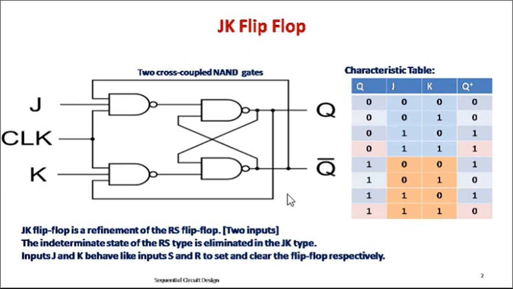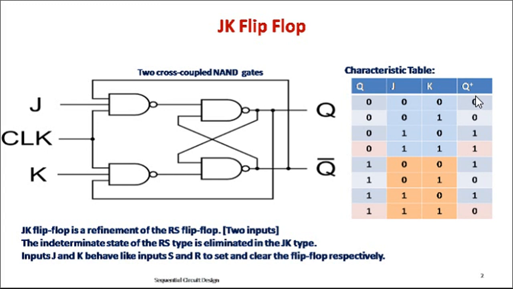Now see the table. If J and K both are 0, at that time the output depends upon the previous state. If Q is 0, then it is 0.